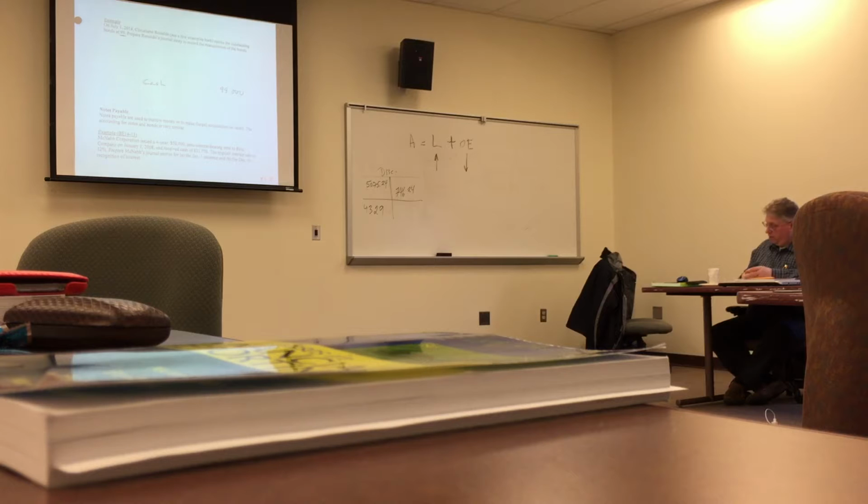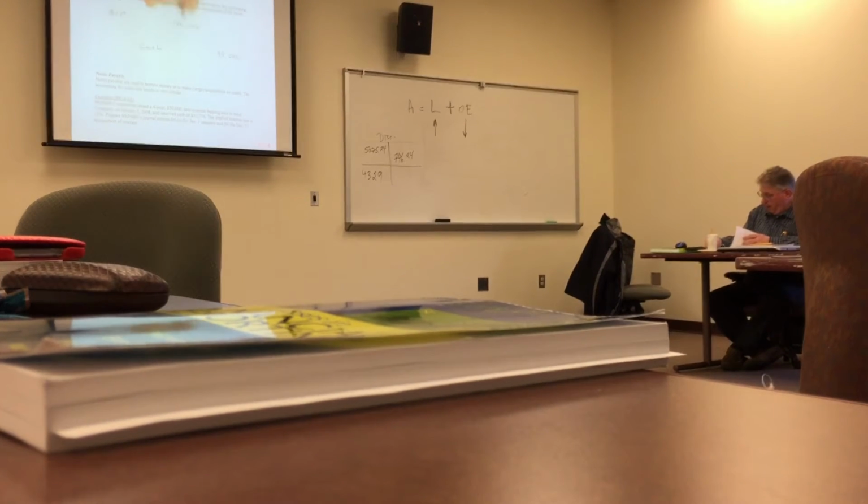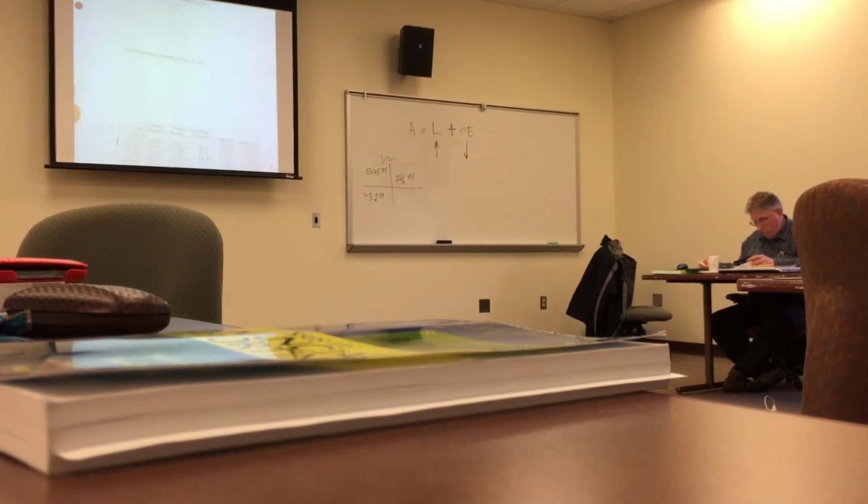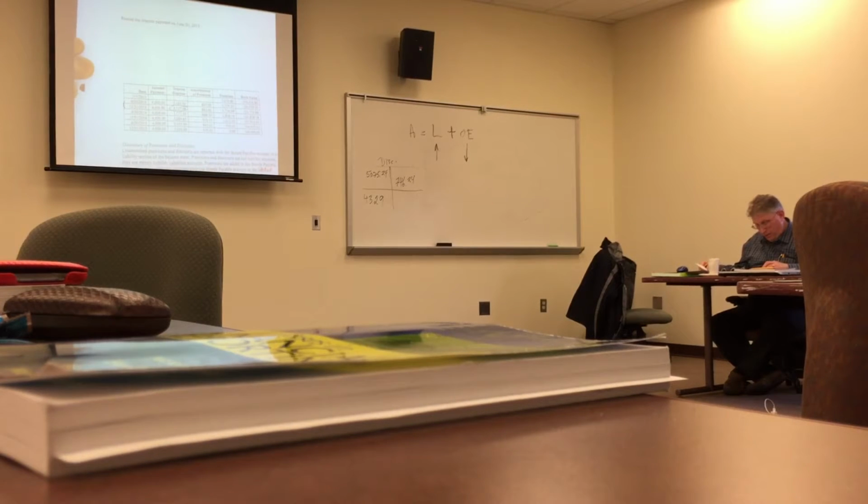Obviously, we're going to debit bonds payable for the face value of $100,000. And you've got to get rid of that premium, right? So this is on what day? July 1st.